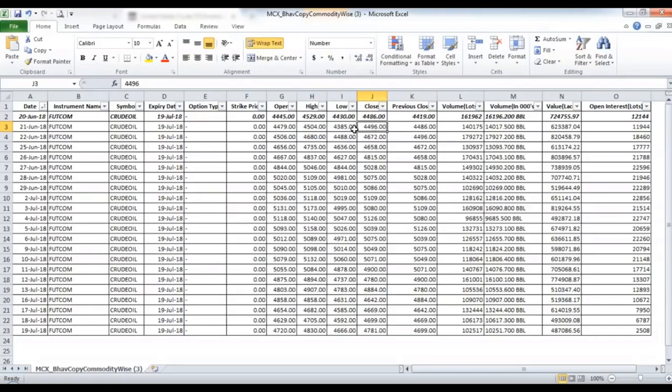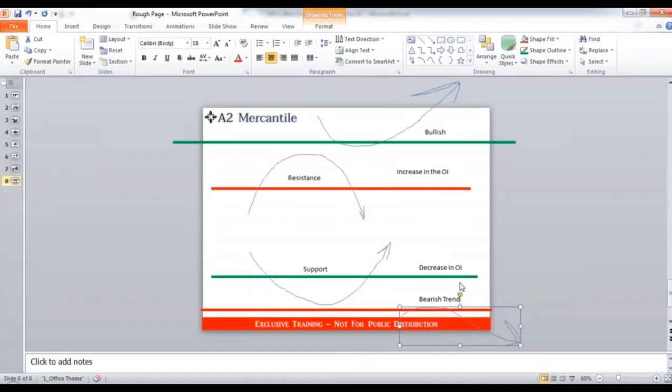No, sir. Now it went above the low and it closed, right? When it went above the low and closed, it is with lower, reducing open interest. Correct? Yes. Support.